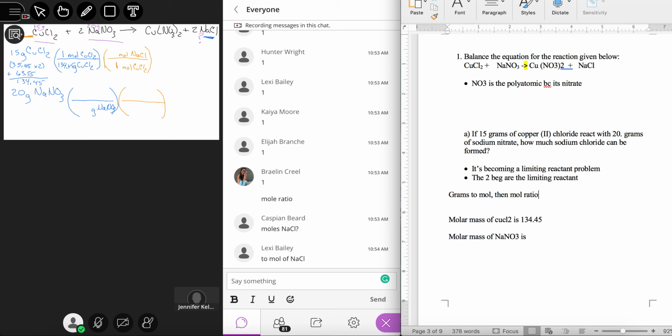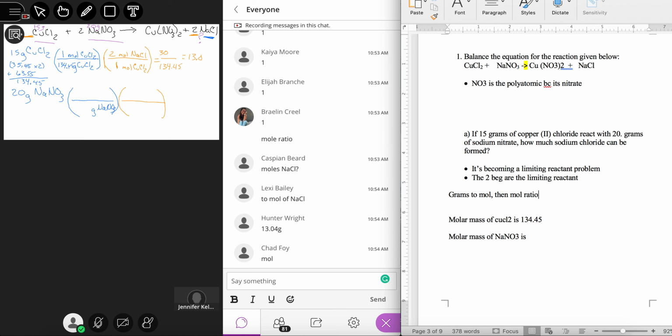And the one in front of sodium chloride is a 2. So what is our answer there? It's going to be 15 times 1 times 2. So it'll be 30 divided by 135.45 times 1. 13.0 grams or moles? Moles. Okay.